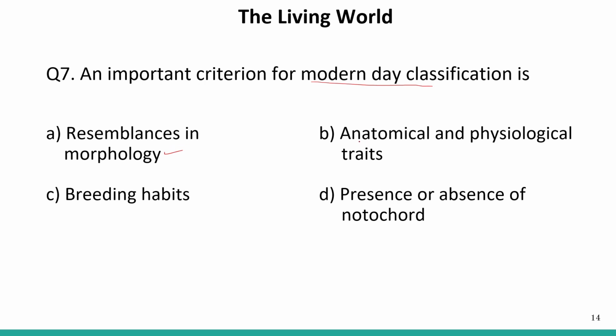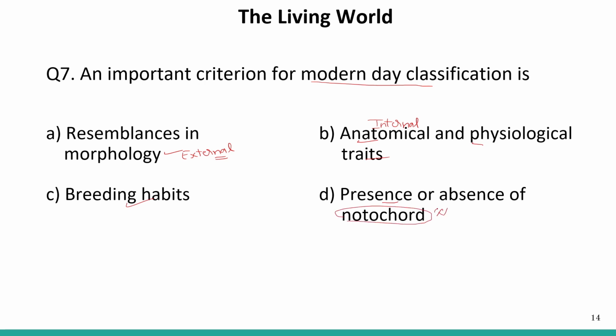Second is anatomical and physiological traits. Anatomical means internal, morphology means external characteristics. Third option is breeding habits, and fourth is presence or absence of notochord.